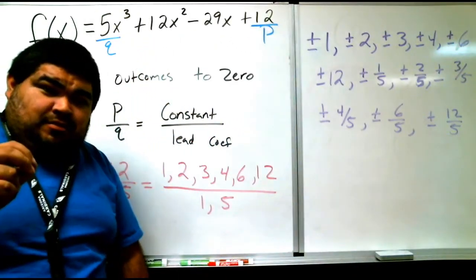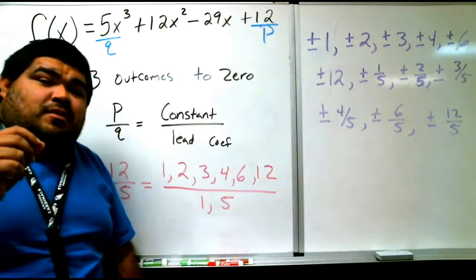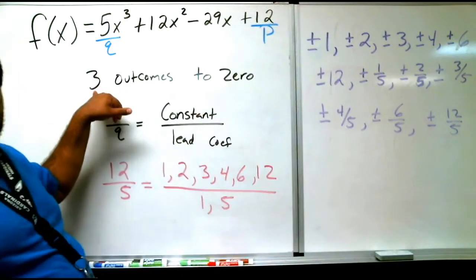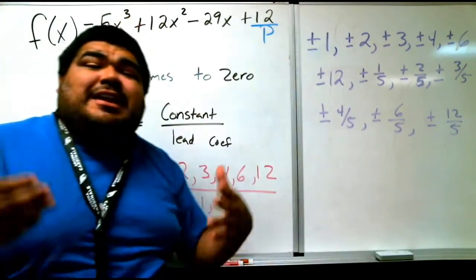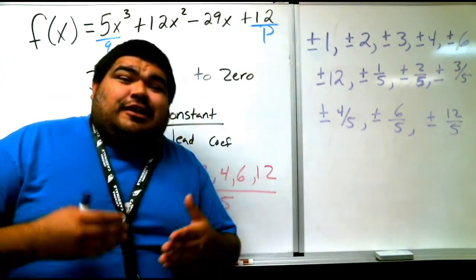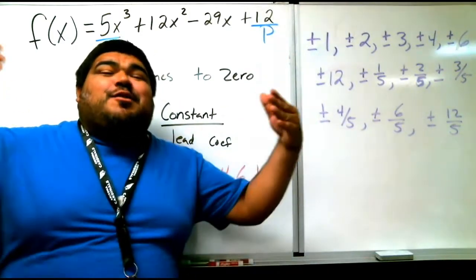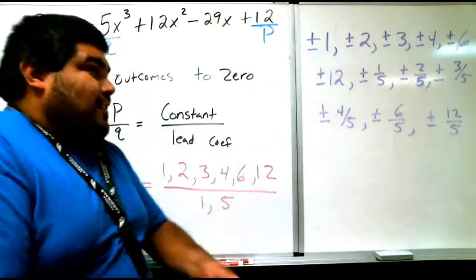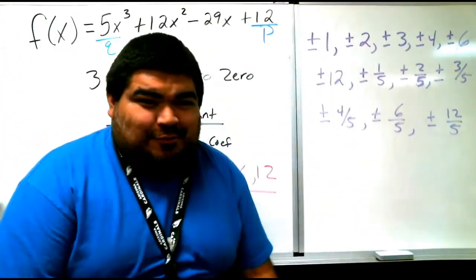But remember, out of those 24 outcomes, how many of them have zeros? 3, because remember, your leading coefficient tells you how many answers have 0. So all you really need to find is which 3 are the ones with zeros. That's the part for today's concept. Out of those 24 outcomes, it's a lot, I know.